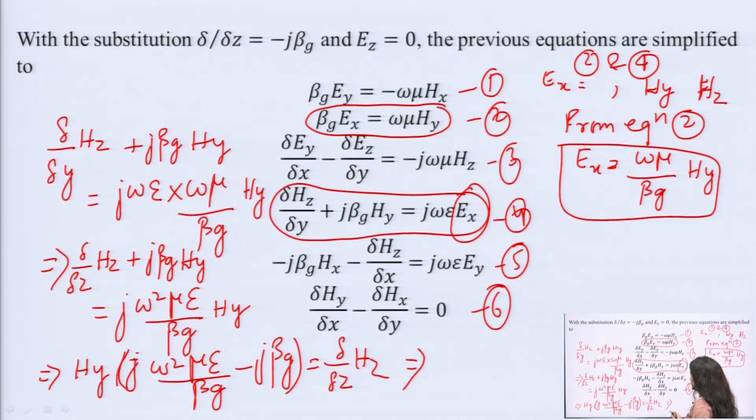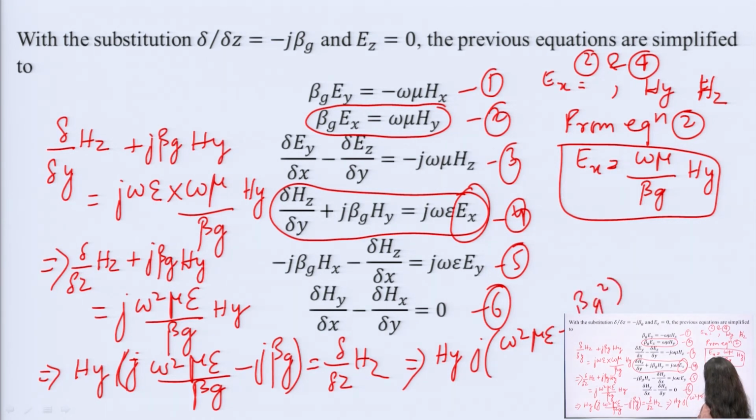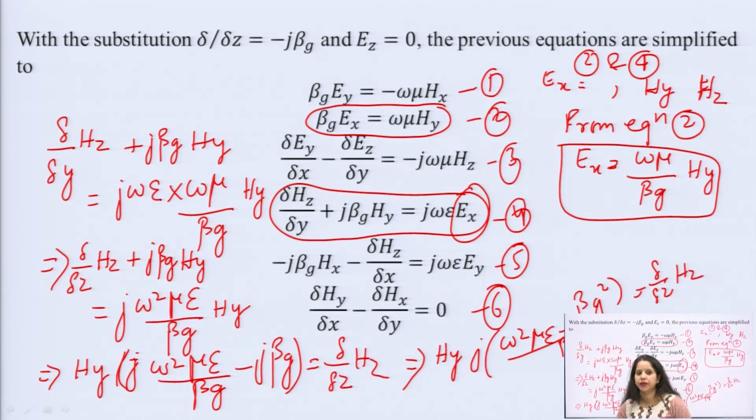Now for Hy, we can take j also common: omega square mu epsilon minus beta g square, with beta g in the denominator, is equal to del upon del z Hz. And now we are able to get this expression.